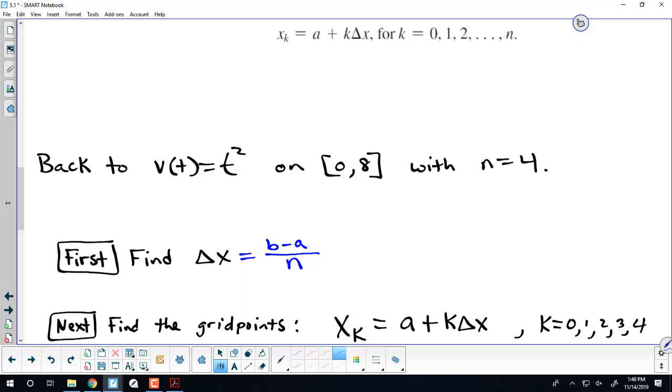On 0 to 8, that's our interval, so a is 0 and b is 8. Since we're using 4 subintervals or 4 rectangles, n is equal to 4. So delta x is 8 minus 0 all over 4, which is 2.